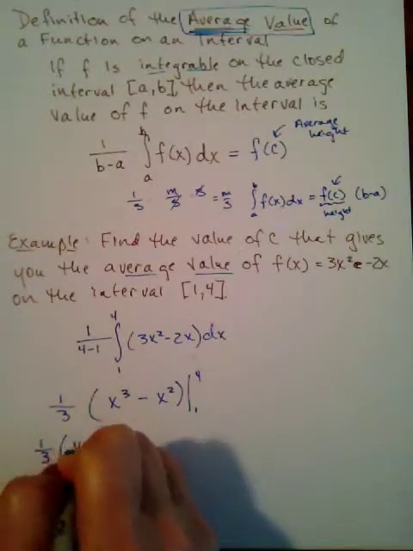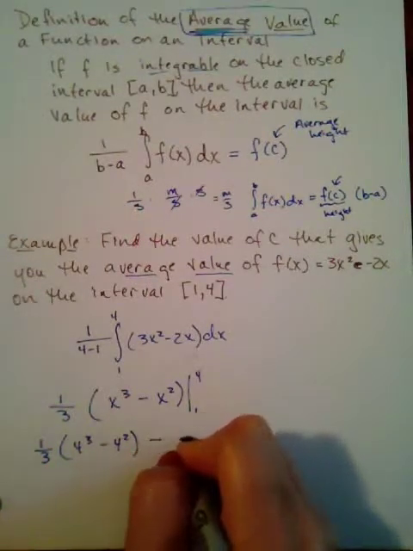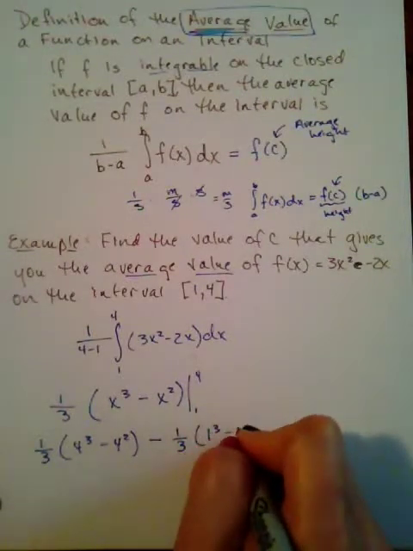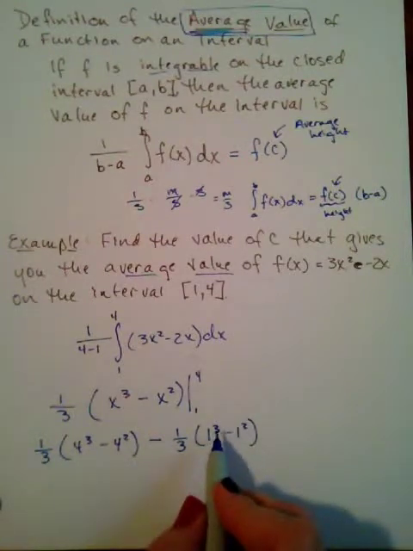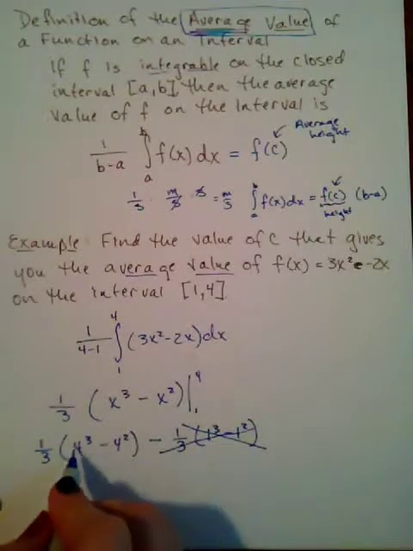And this will be a 4 cubed minus 4 squared, minus, and then I'll keep the 1/3 on, 1 cubed minus 1 squared. Now this is a 1 minus 1, so it's 0, so it cancels out all of this. And what I'm left with is a 4 cubed minus 4 squared over 3.